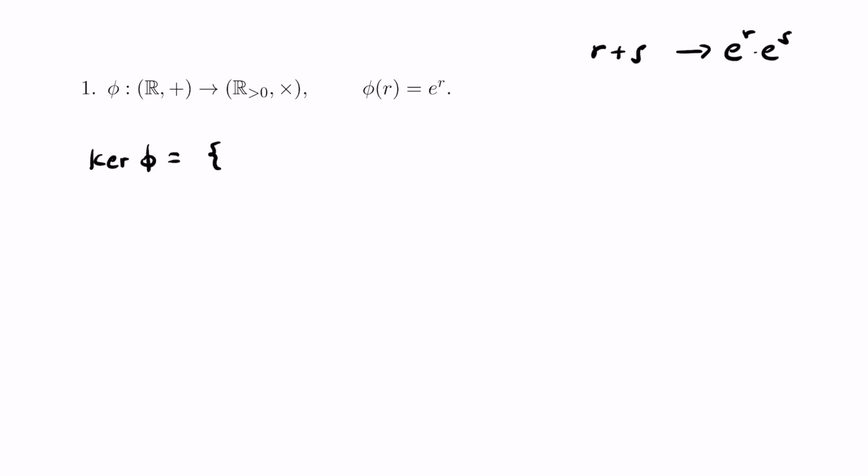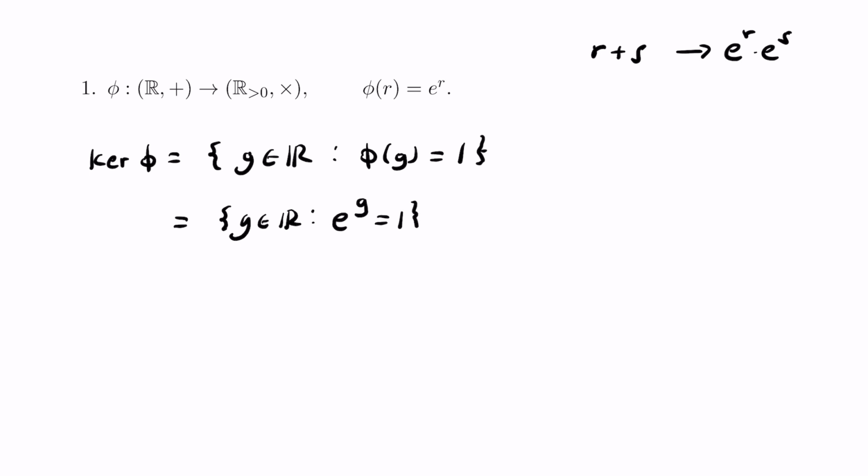Okay, so let's actually go ahead and compute the different parts to see whether or not that's the case. So the kernel of phi, again, is the set of elements in the domain space, so it's in the reals, so that phi of that element is the identity in the group on the right. The identity in the group on the right is 1, as it's positive reals under multiplication. So this is the set of real numbers so that e to that real number is 1.